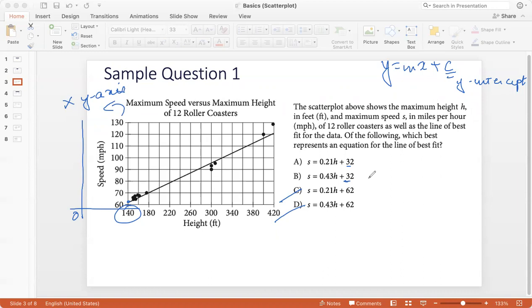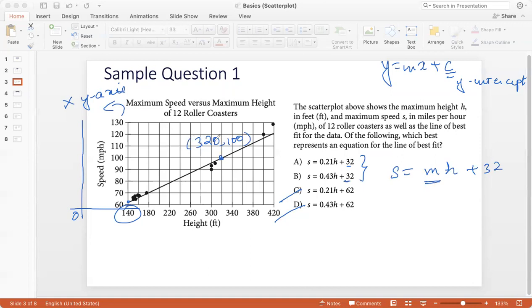I pick a point. Try and pick a point on the grid so that you know the exact coordinates. So for this point, my coordinates are 320 and 100, right? So if I put both these equations, s is equal to mh plus 32, where m is different, the slope is different.